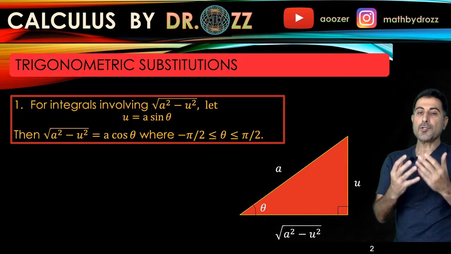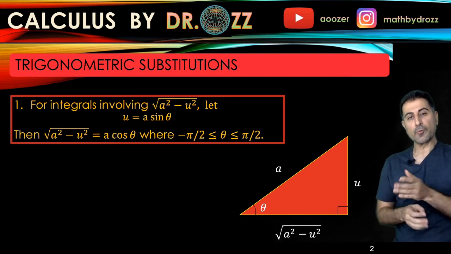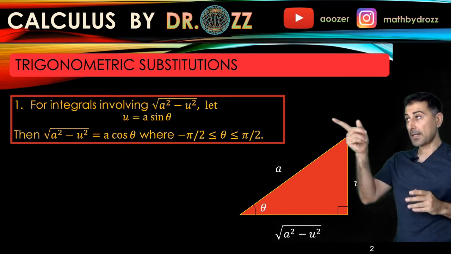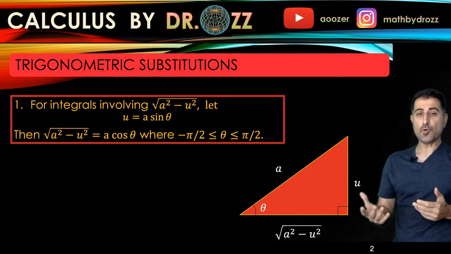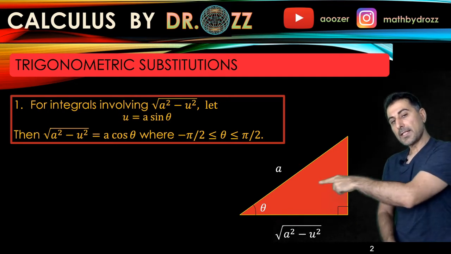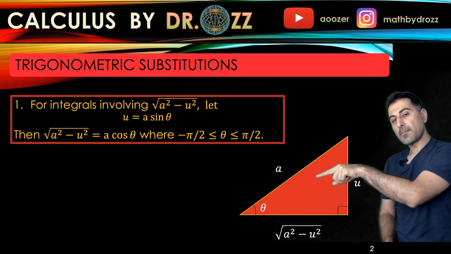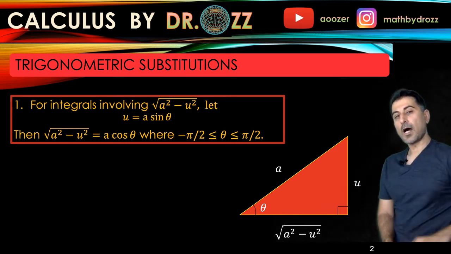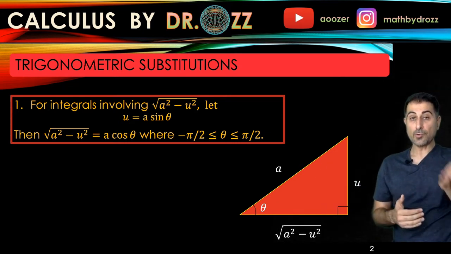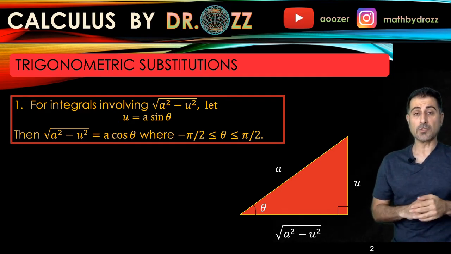And whenever you have a trig substitution, you should have a right triangle coming along with that, because here sine theta is u over a. I make up a right triangle right here, and I place the theta right over there, so the opposite side divided by the hypotenuse is sine theta. So that's u over a, because I started with u over a for sine theta in my substitution.